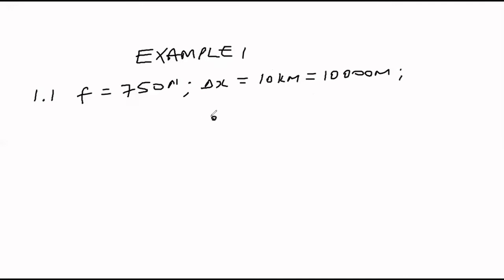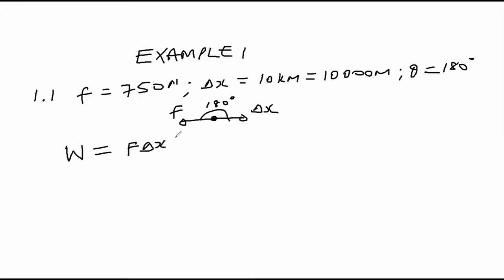So friction is acting in the opposite direction because it's resisting motion. Displacement is forward. The angle in between is 180 degrees. Okay, so we can use this formula, W equal to the force times displacement times cos of theta.